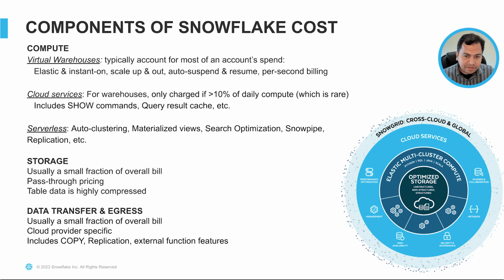And we have a best-in-class compression mechanism that has been shown to compress your data up to 7 times. The data transfer and egress fees, again, are cloud provider fees that we essentially transfer on. This is typically things that customers see when you run copy commands or when you're using replication functionality to replicate Snowflake functionality across multiple cloud regions or sometimes even across cloud providers.